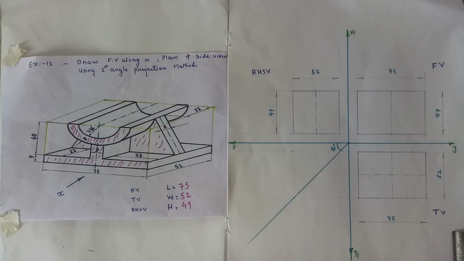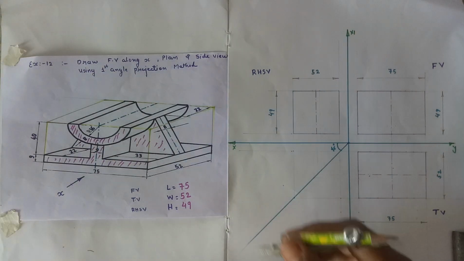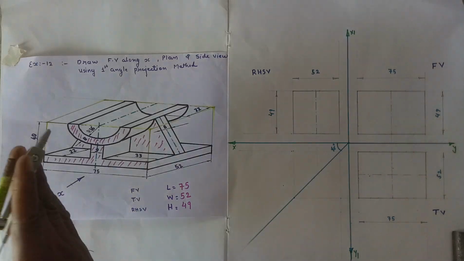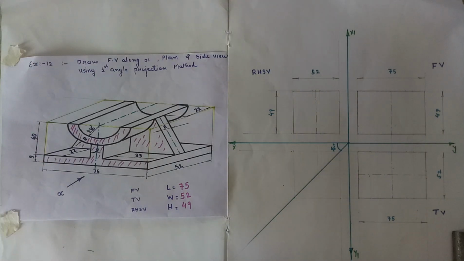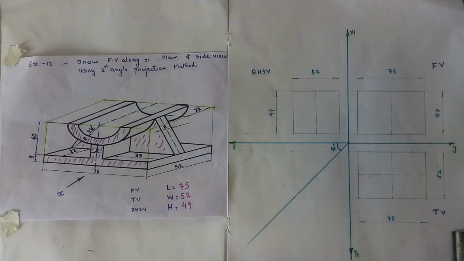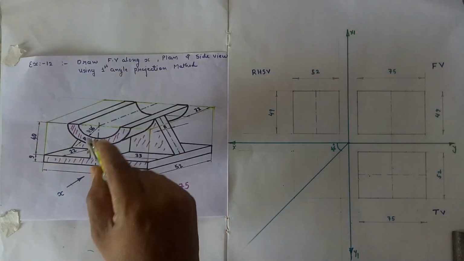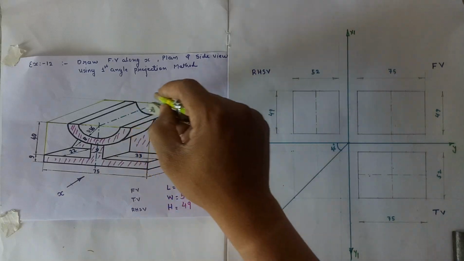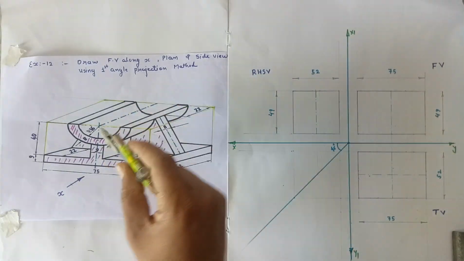So starting from the circle in the front view, here the object is symmetric about y and x axis. So these are the centers of the object.